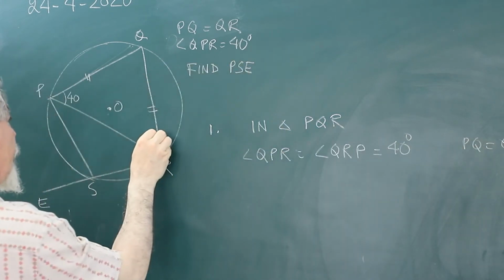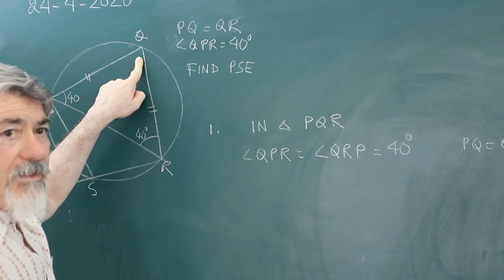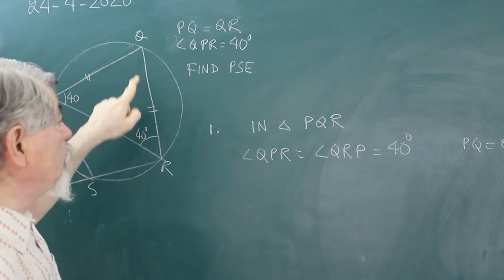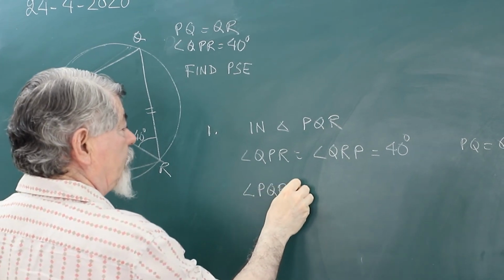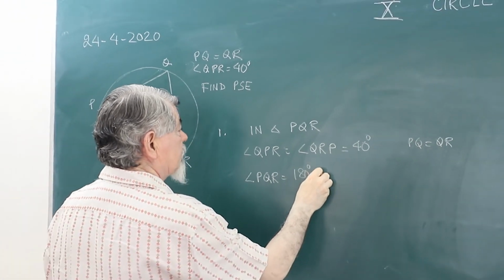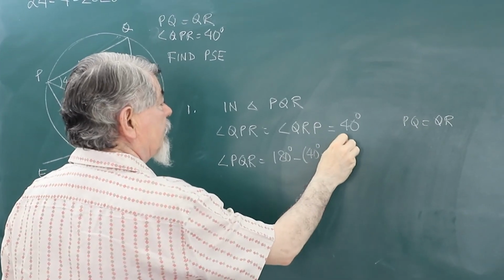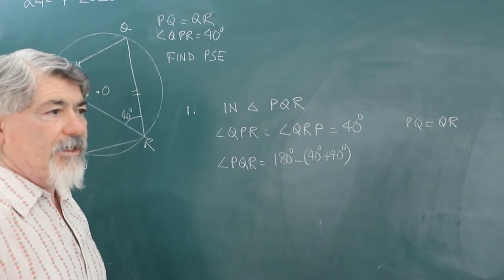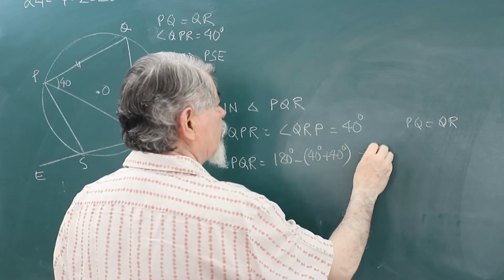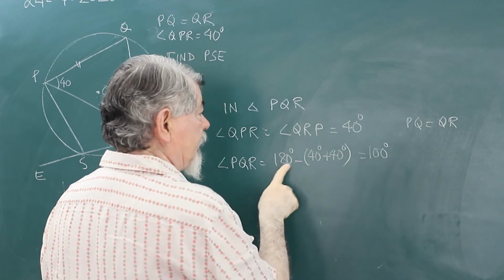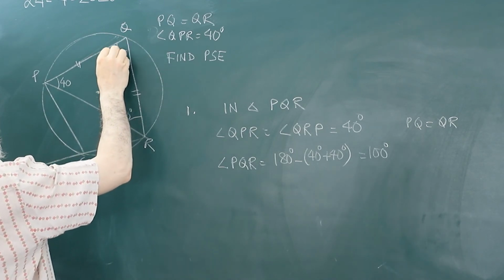Now I have got this as 40 degrees, so I can calculate the third angle of the triangle, angle PQR. Angle PQR will be 180 minus (40 plus 40), because I know two angles of the triangle, so I can calculate the third by subtracting from 180, which comes out to be 100 degrees, because 180 minus 80 gives you 100 degrees.